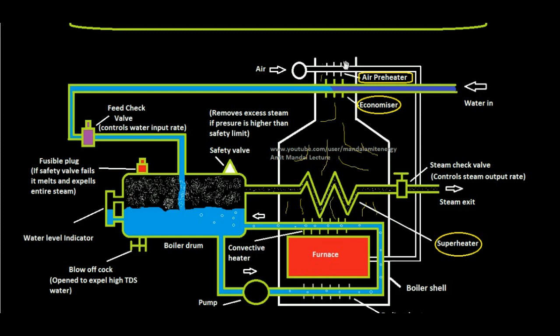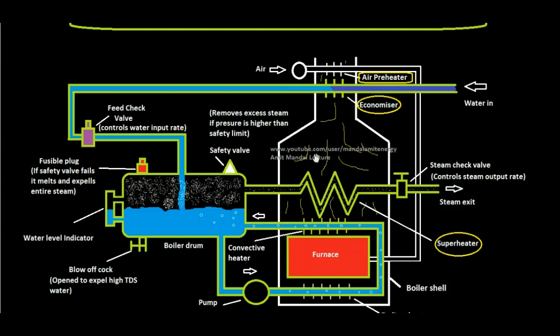Now there is one more component. After leaving the economizer, which is a sort of heat exchanger, the flue gases still have heat with them, so there is one more component called the air preheater, which is also an accessory. What is the job of the air preheater? Inside the furnace, the air reacts with fuel and combustion takes place.